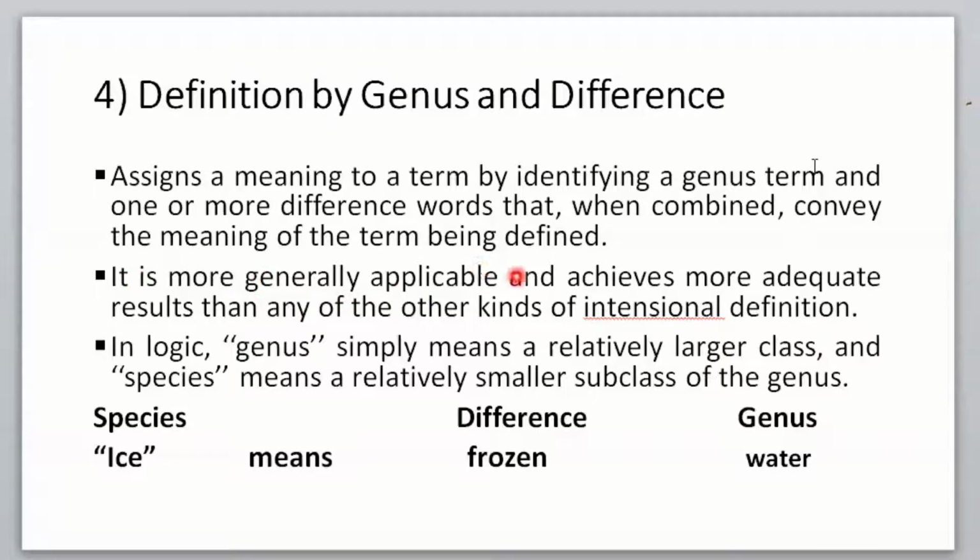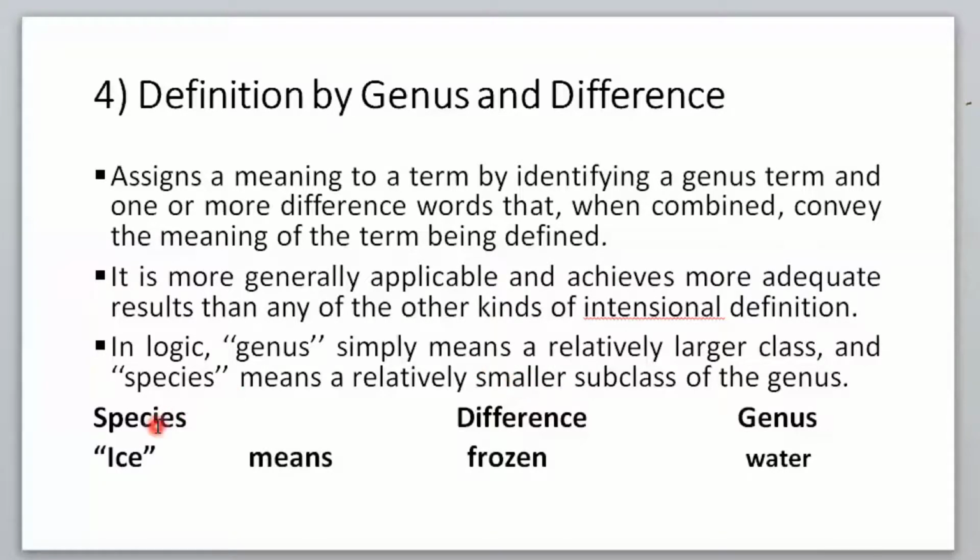It is more generally applicable and achieves more adequate results than any other kind of intensional definition. In logic, please understand the concept here, genus in the specific way simply means a relatively larger class. So when you compare genus and species, genus is a larger class, whereas species is a relatively small subclass of genus. It belongs within the genus.